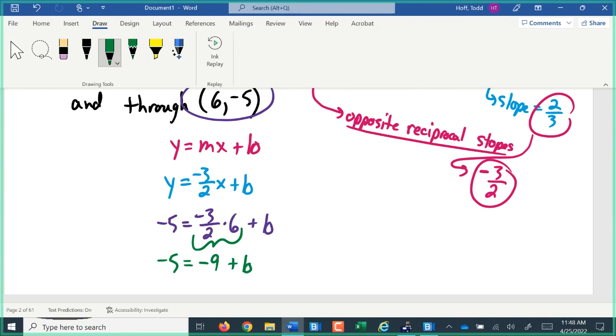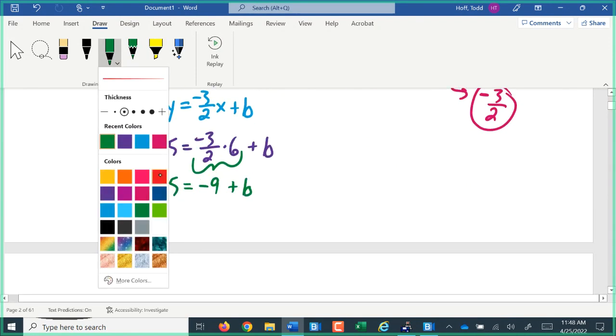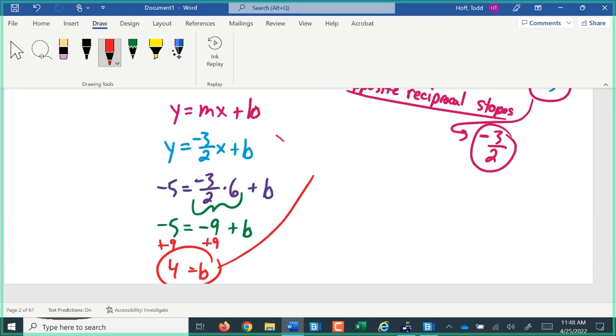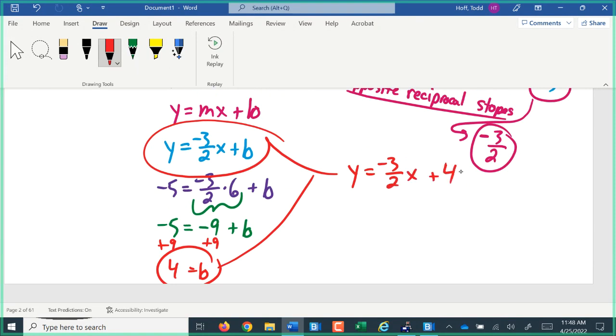So -5 equals -9 plus b. And we solve for b by adding the 9. So 4 equals b. So again, we come back up to this equation, and instead of y equals -3/2 x plus b, put in the 4. Y equals -3/2 x plus 4.